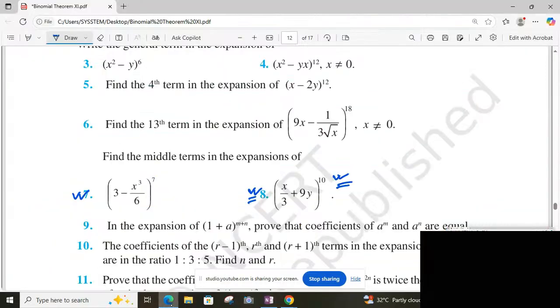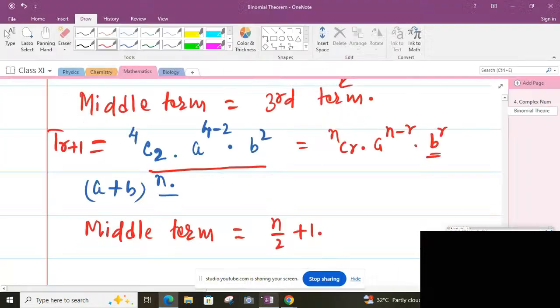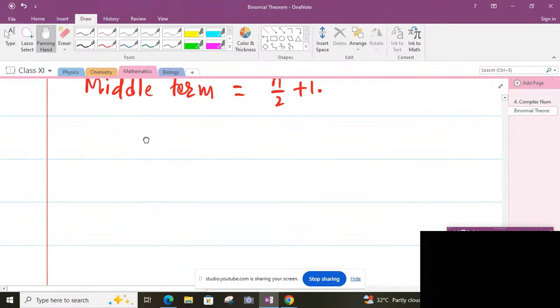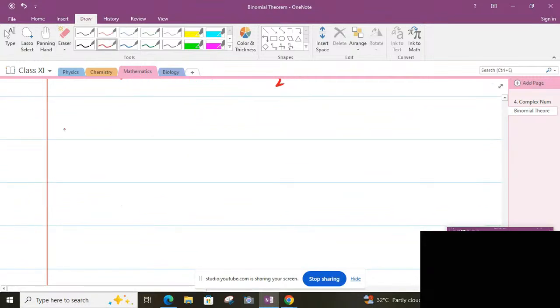This is question number 8 of the NCERT textbook.